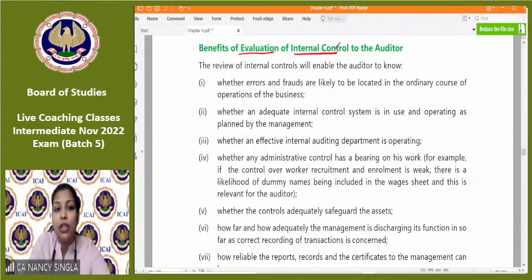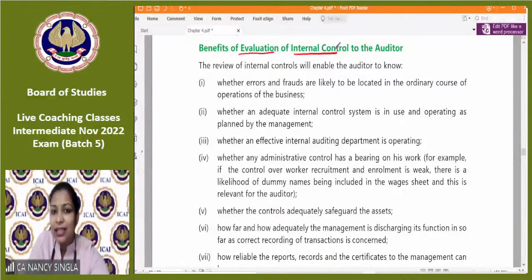Will it be able to locate the errors and frauds? No. So unless the auditor evaluates the internal control, how it is, whether it is designed, whether it is implemented, working the whole year, but what is the quality? Is it effective enough or not to locate errors and fraud?